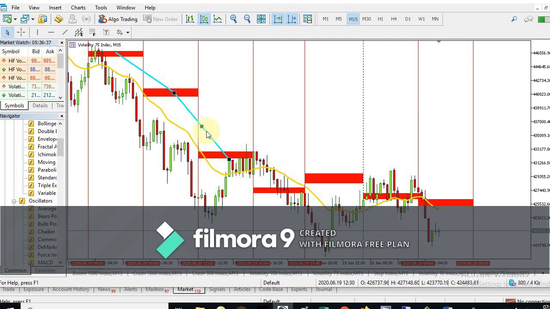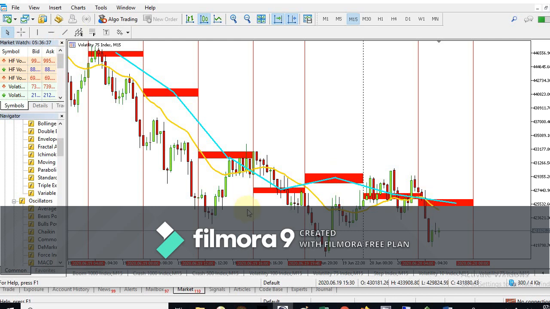Connect from middle to middle. Connect the support and resistance zones. And finally here. So that's that.